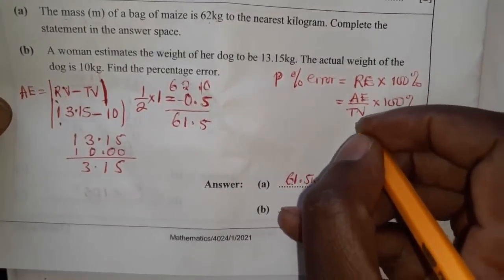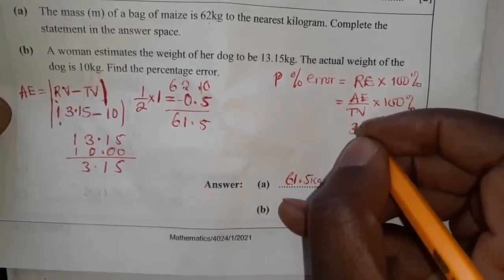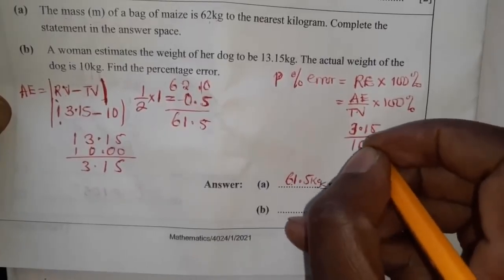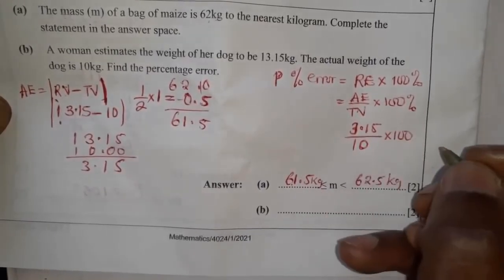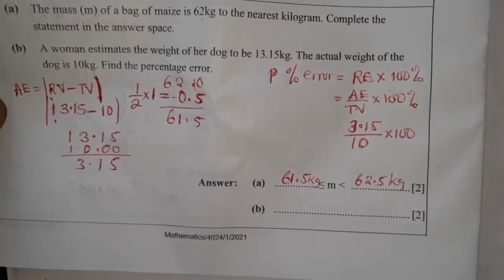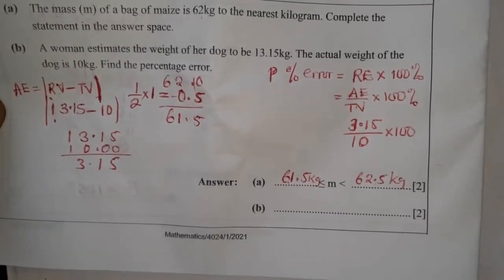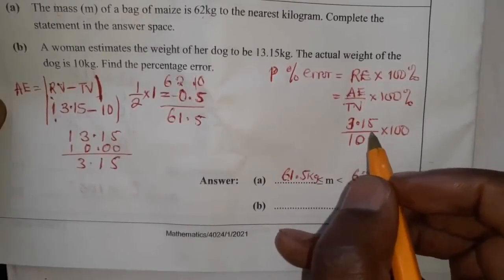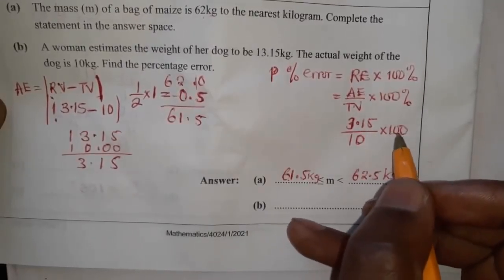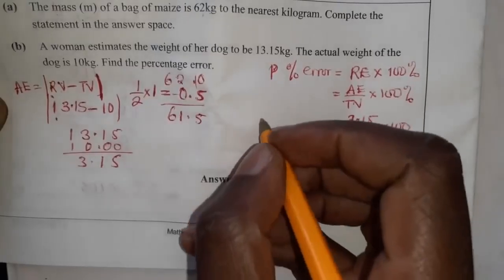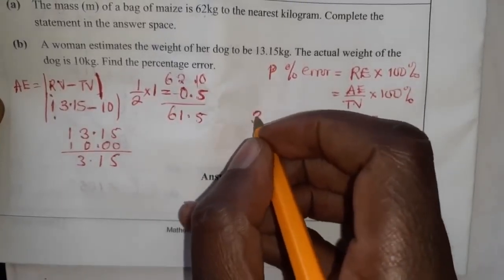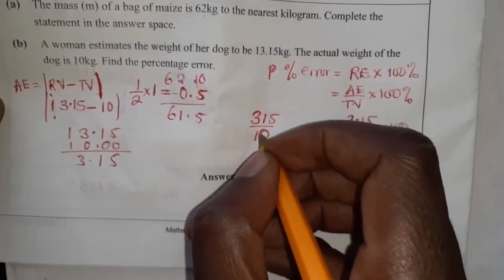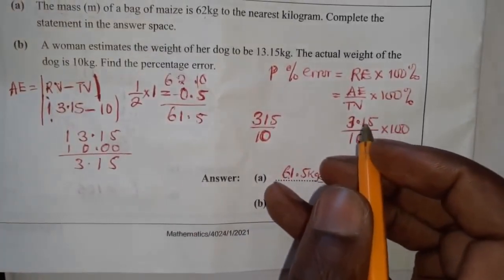The absolute error is 3.15 over the true value, which is 10 multiplied by 100. Okay, then you should know that when you multiply 100 by this number here, we're going to get 315 over 10, isn't it?